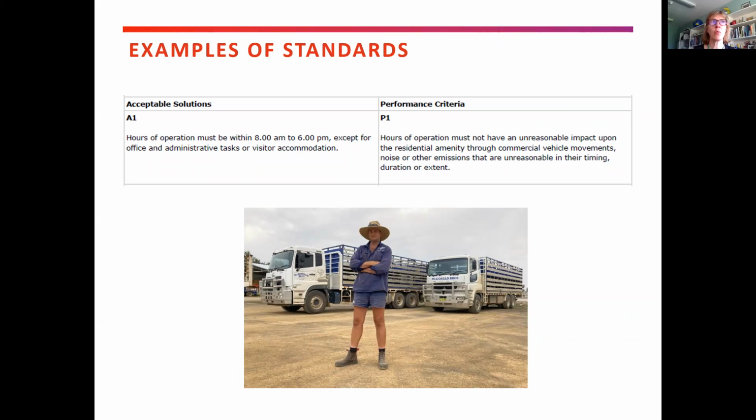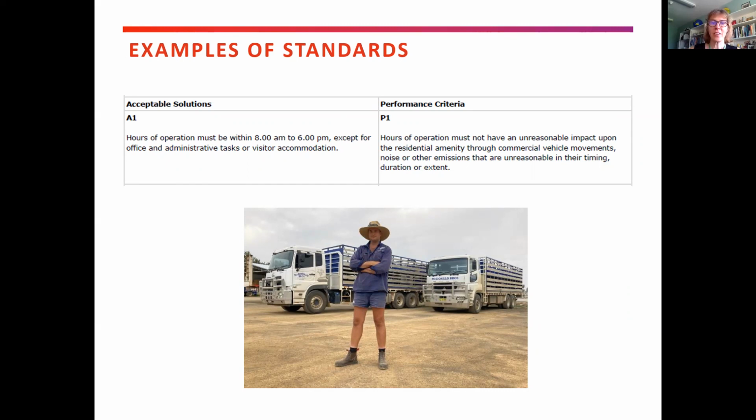So the keywords here are must not have an unreasonable impact on residential amenity. So if you are, for example, running some kind of an office supply and you're having cars coming and going a lot, then there needs to be agreement about what's okay under that performance criteria if there's going to be activity outside 8 to 6.